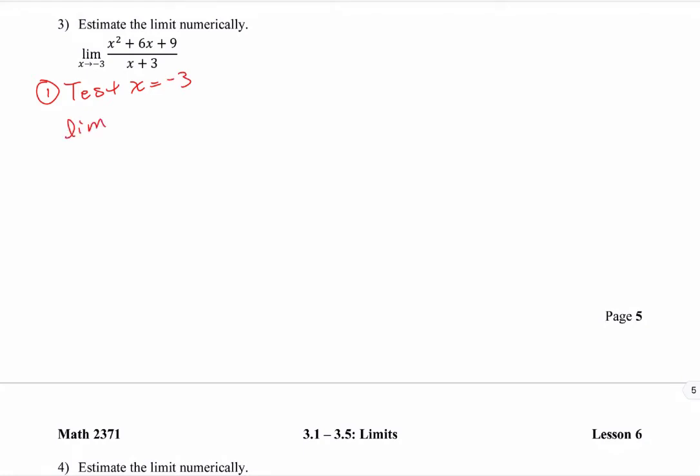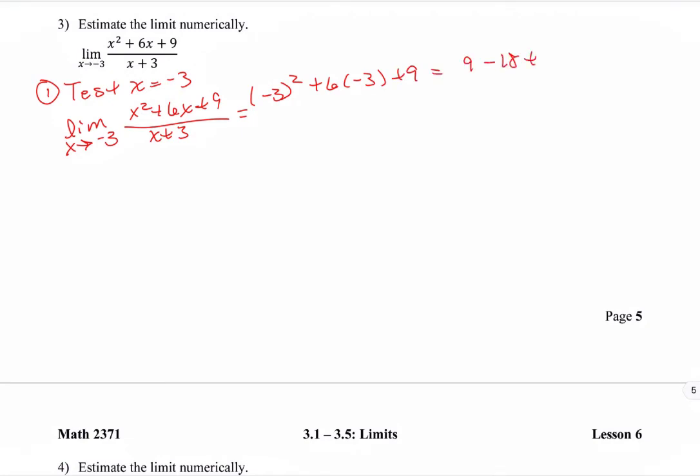So the limit as x goes to negative 3 of x squared plus 6x plus 9 over x plus 3 equals negative 3 squared plus 6 times negative 3 plus 9, which is 9 minus 18 plus 9, over minus 3 plus 3, so over 0. This is no solution because you can't have 0 in the bottom.